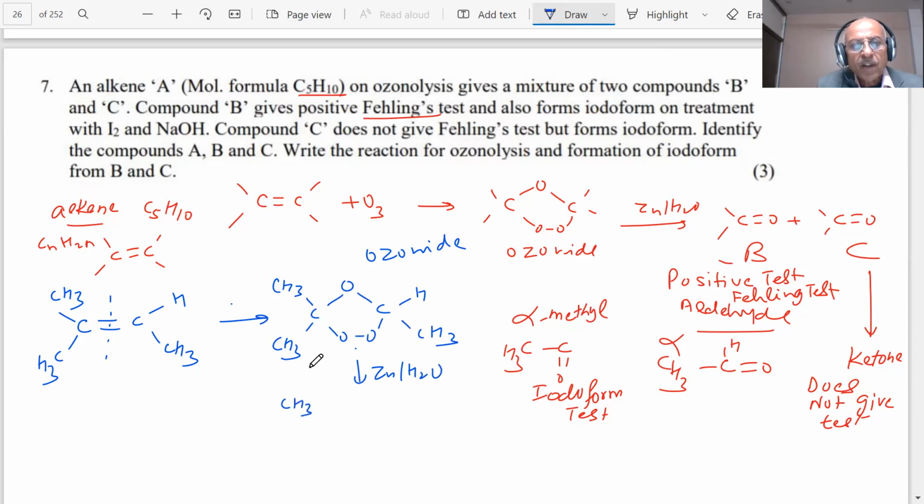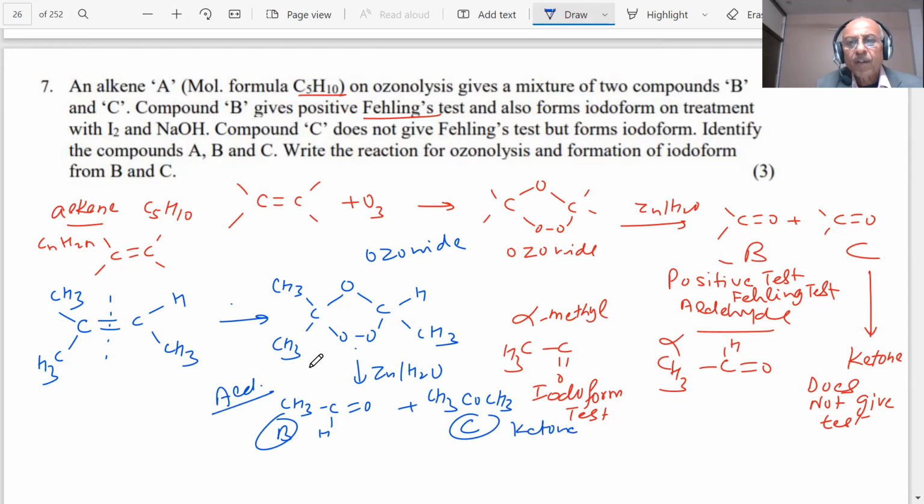CH3CH=O and CH3COCH3. One of them gives the Fehling solution test, and this will not give the Fehling solution test. It is a ketone. One is an aldehyde, the other is a ketone. So we have identified B and C.